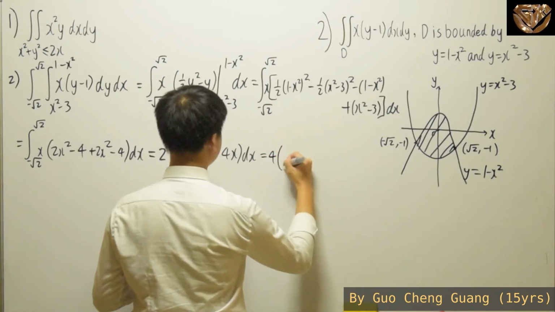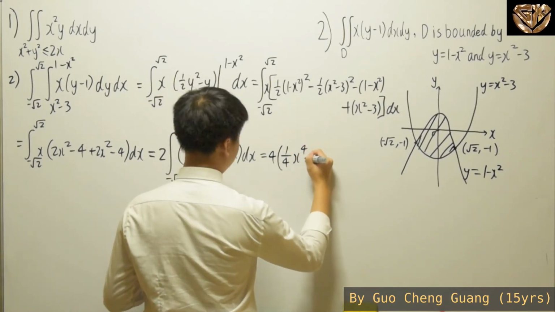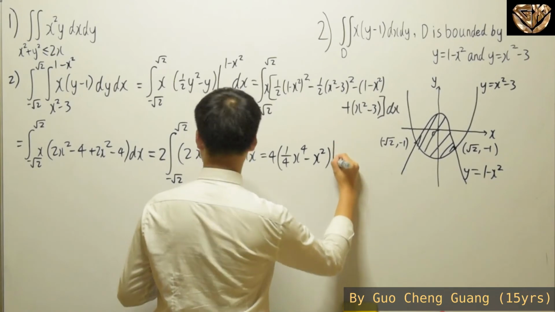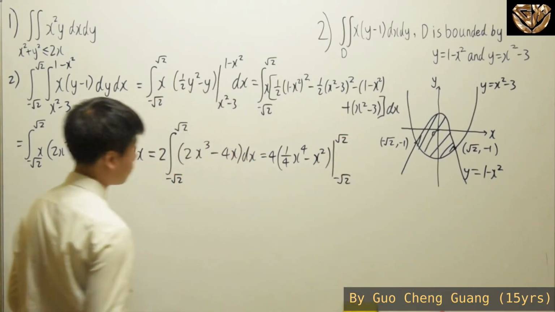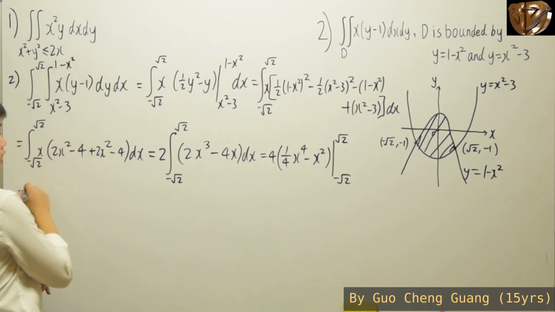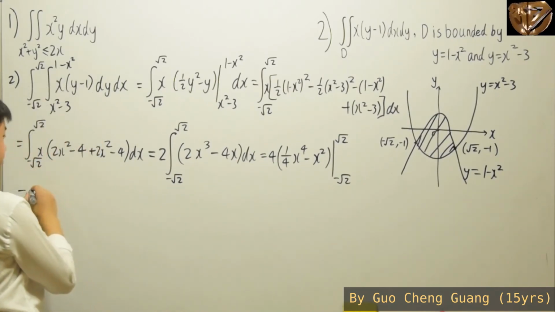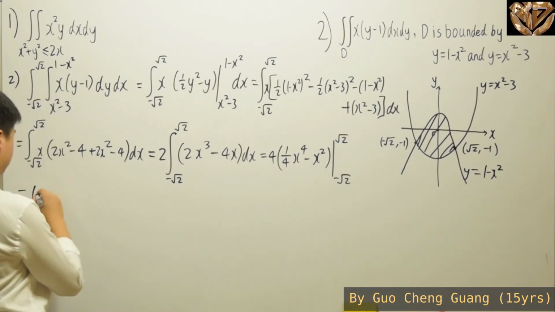So 1 over 4 x to the power of 4 minus x squared. Then you substitute in the values negative square root 2 and square root 2. Square root 2 to the power of 4 is just 4.